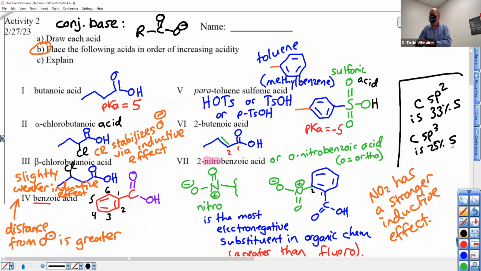But hybridization mimics that. And I'm going to say that the butenoic acid has an inductive effect based on hybridization.